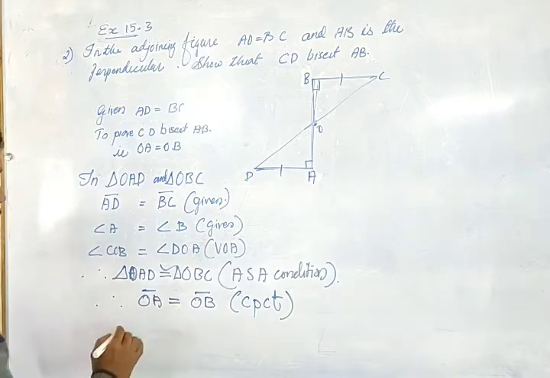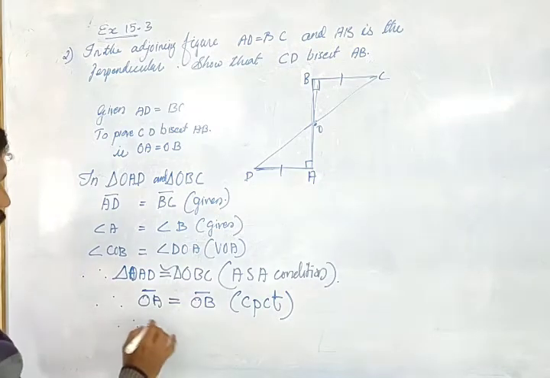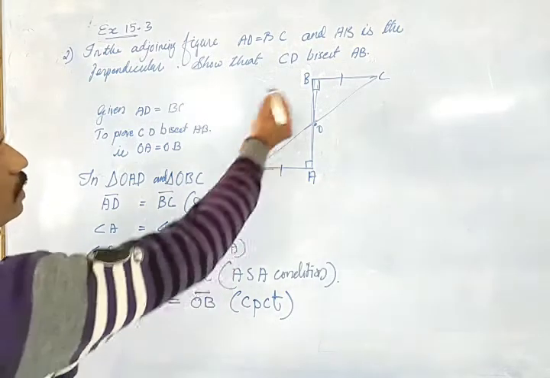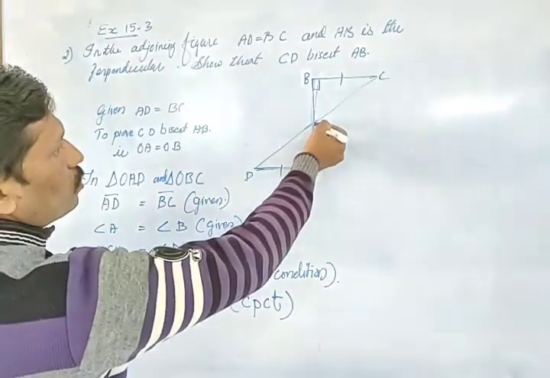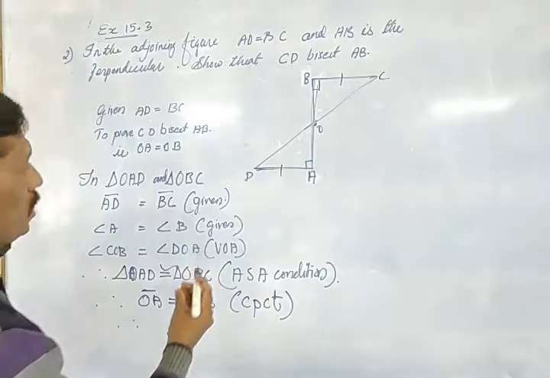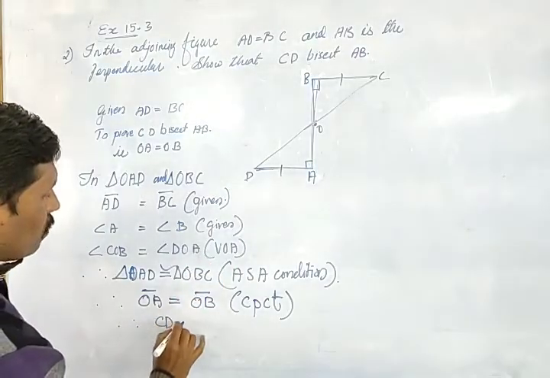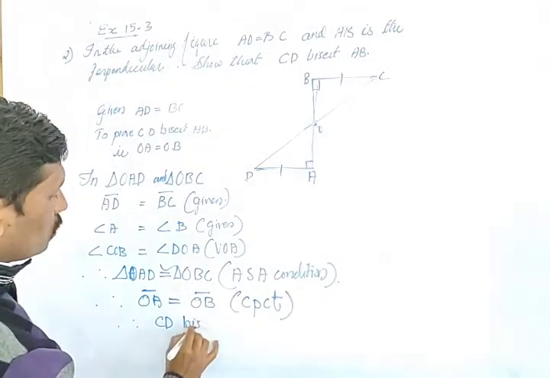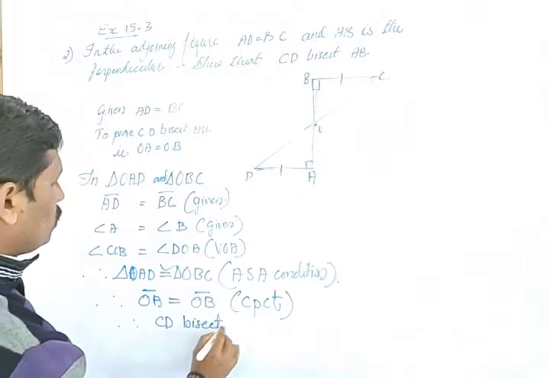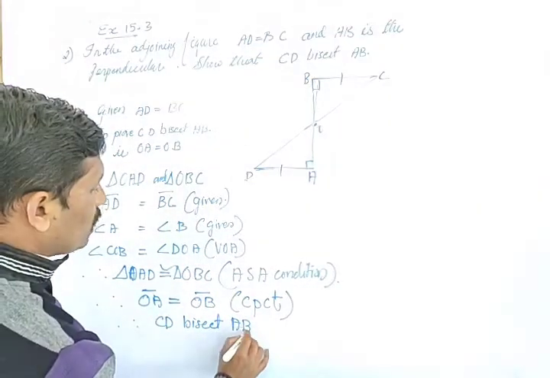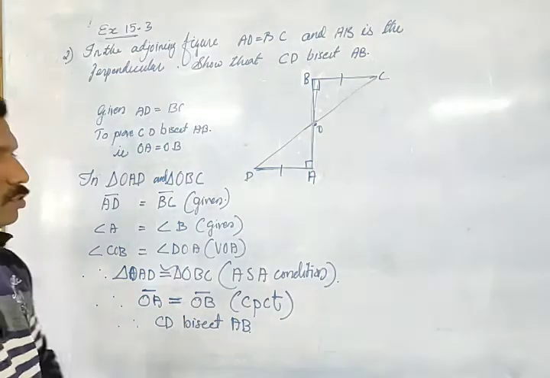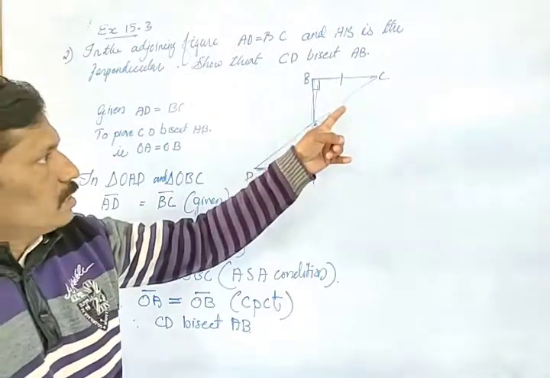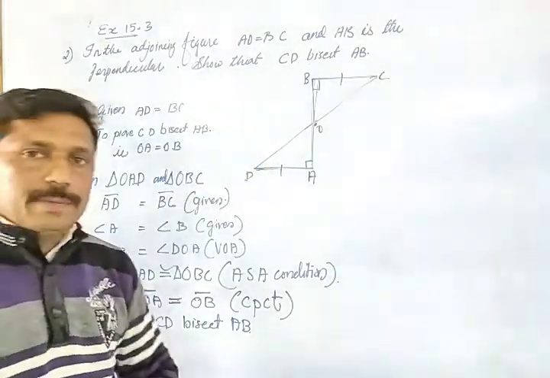If both are equal, then we can say that this line cuts this into two equal parts. That means it is the bisector. Therefore, CD bisects AB. If CD did not bisect AB, then both parts would not be equal. Therefore, we can prove that CD is the bisector of AB.